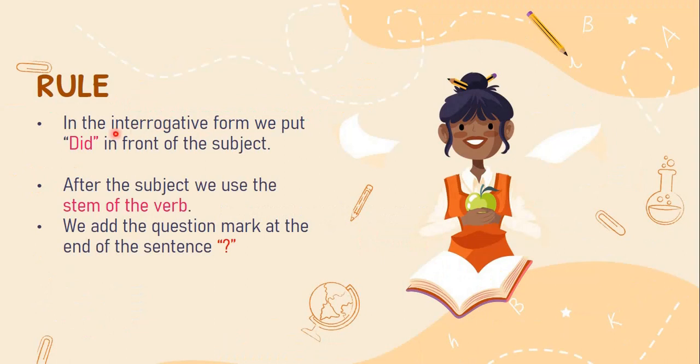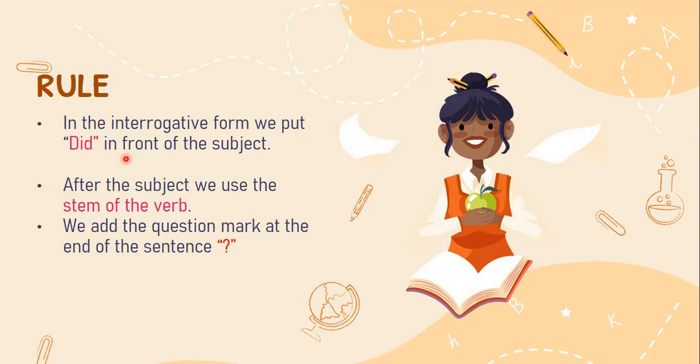Rule: in the interrogative form we put did in front of the subject, so we always need the auxiliary or the helping verb. We have seen before in class that did is called the magic word, which appears to help us make the negative and the interrogative form.